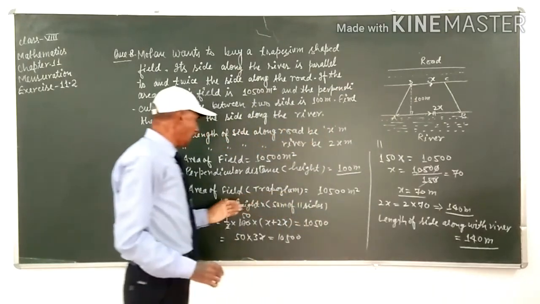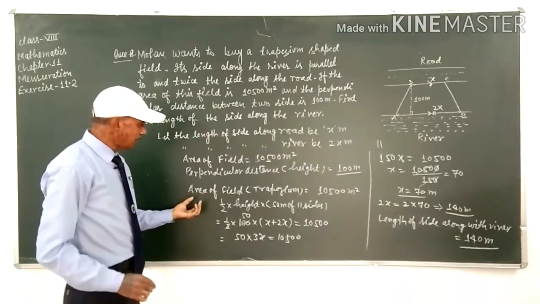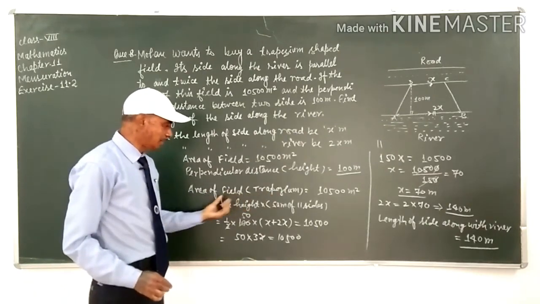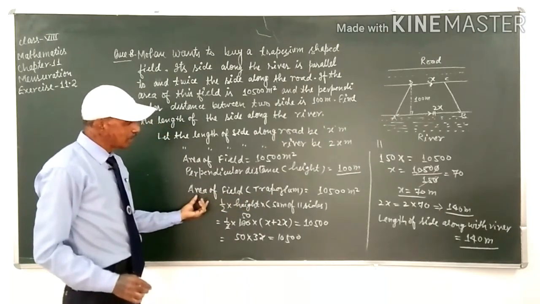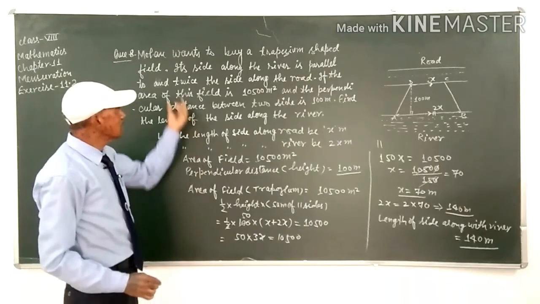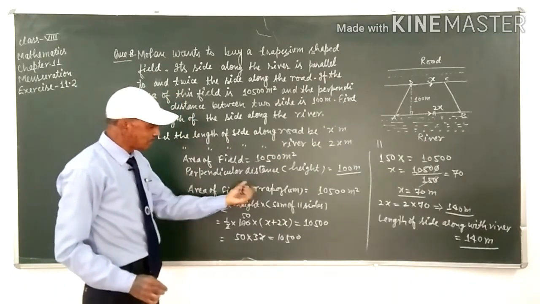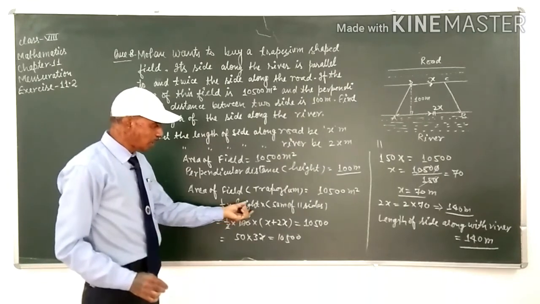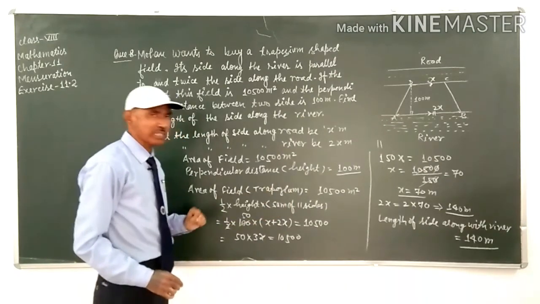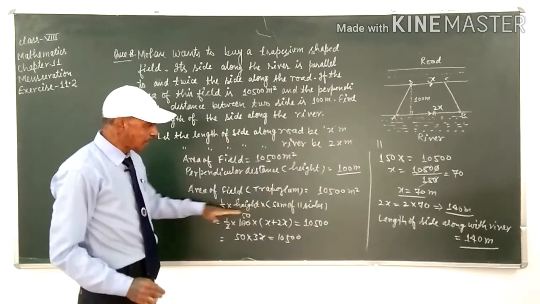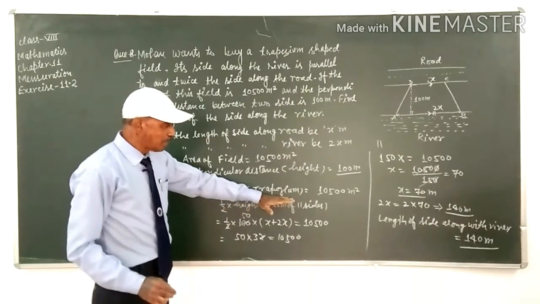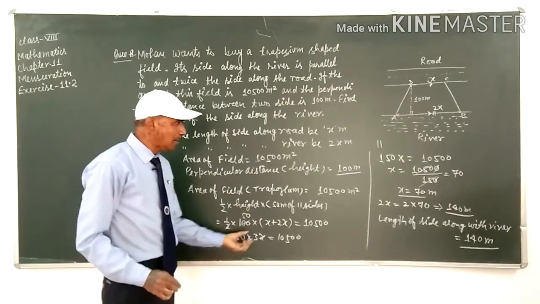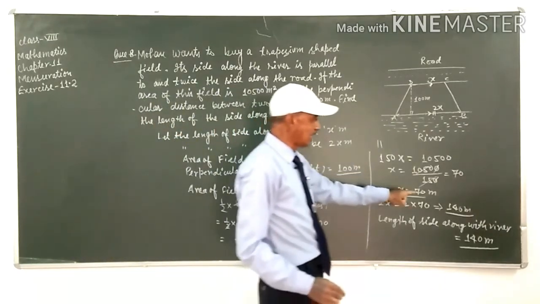So after using the formula, that is area of trapezium, because this field is in trapezium shape, 1/2 into height into sum of parallel sides, this is the formula for the area of the trapezium. So we find that the value of x is 70 here.